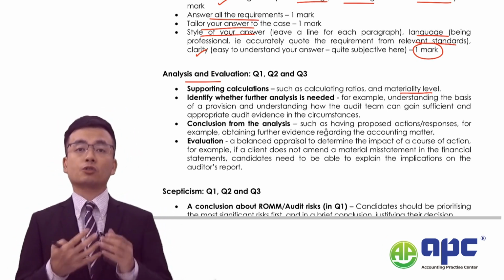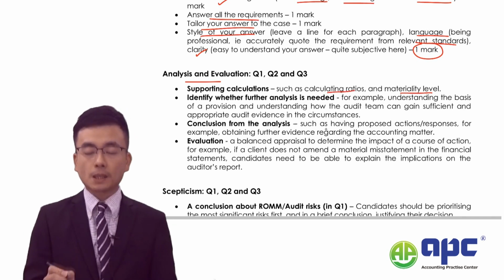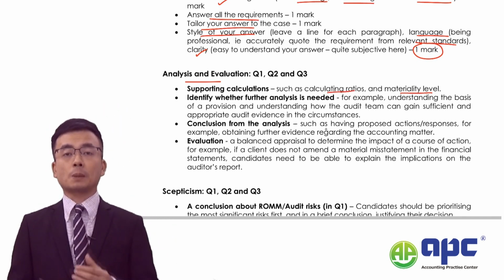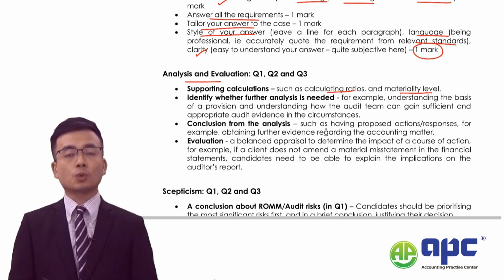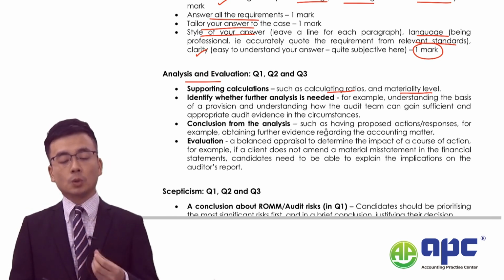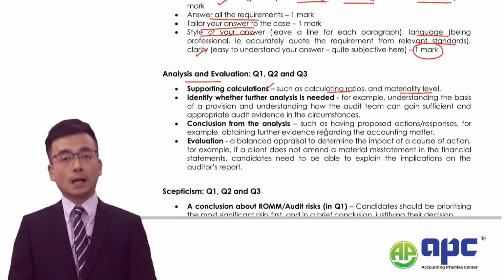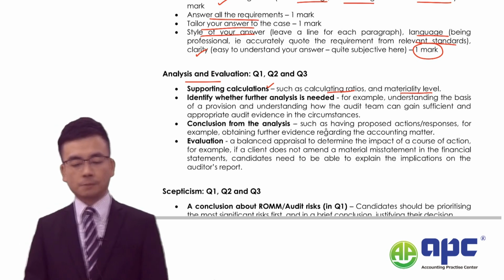Sometimes in question 1, you may be given the financial statements where you are required to perform analytical procedures by calculating ratios as well, and if you make sure you have done it with supporting calculations, you can automatically get the analysis and evaluation marks already.